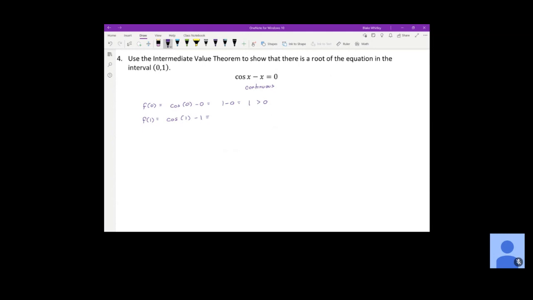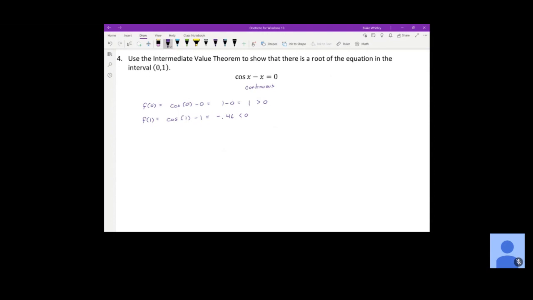Okay, good. Yeah, so negative 0.4597, right? If you wanted to keep more decimal places, or negative 0.46 is fine, because all we're trying to show here is that we get something that's less than zero. That is a negative value.